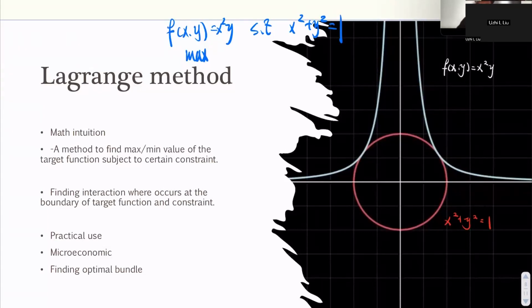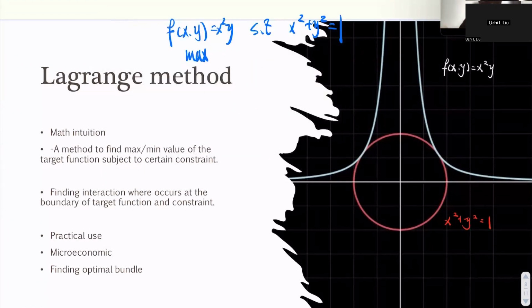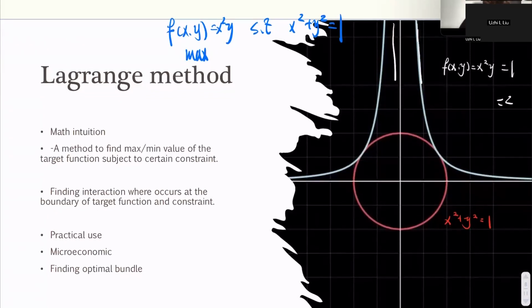Every time we can see here, these lines are actually the contour lines. Perhaps in this case x can be 1, and maybe y equals 2. The graph perhaps looks like this. So it's more like contour lines.